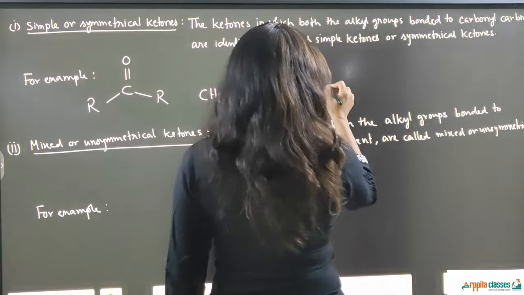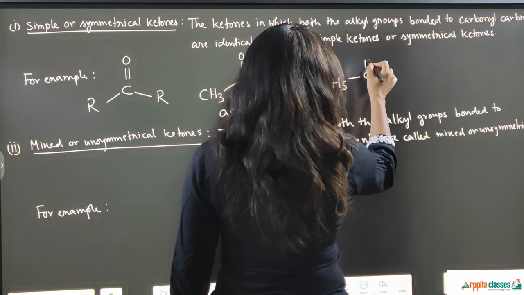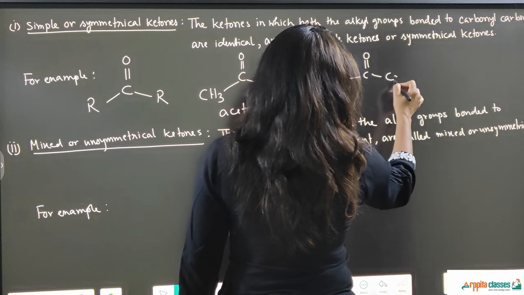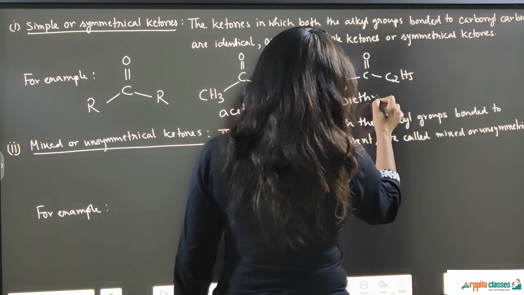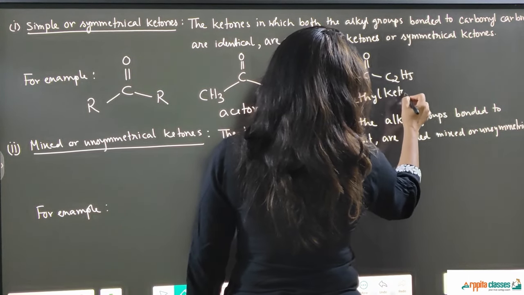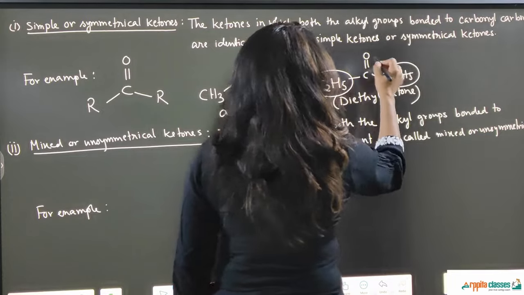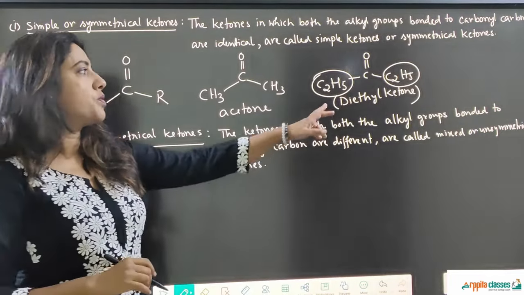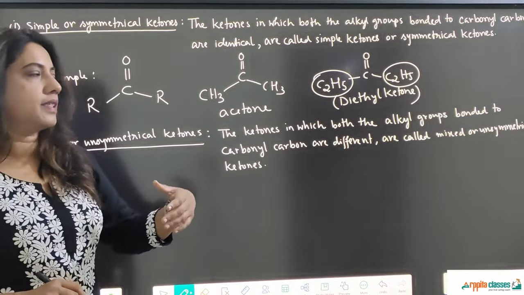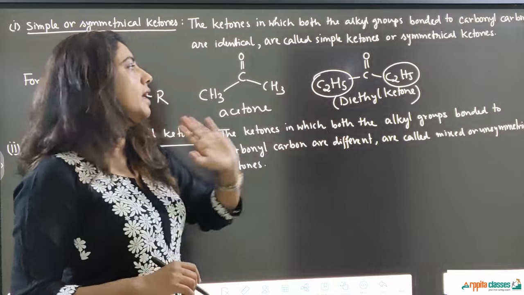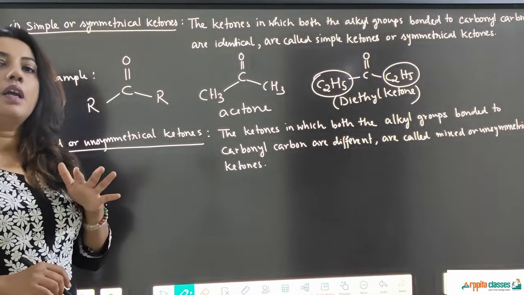Similarly, if we have C2H5, C double bond O, C2H5, this is called diethyl ketone. You can see there are two ethyl groups adjacent to the ketonic carbon atom, the carbonyl group. The IUPAC name is certainly different, but the common name is diethyl ketone. So this type of ketones are called symmetrical ketones or simple ketones.